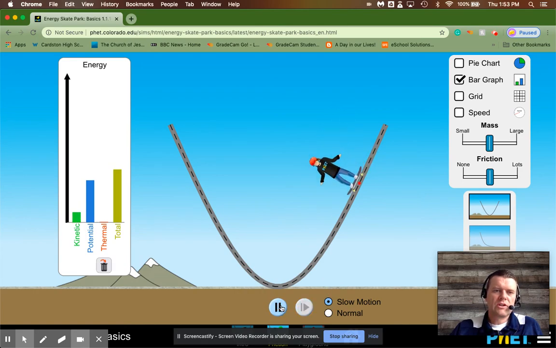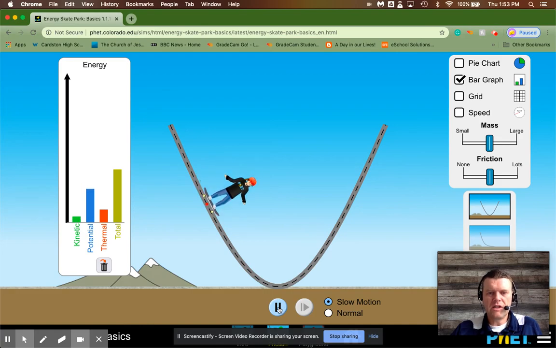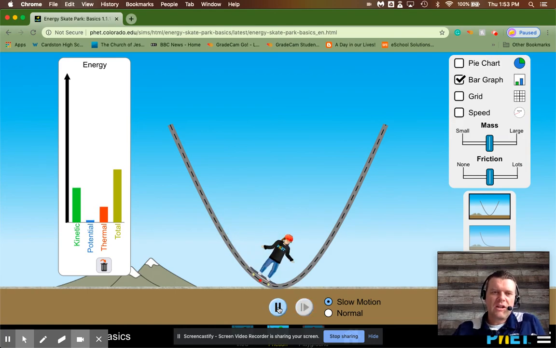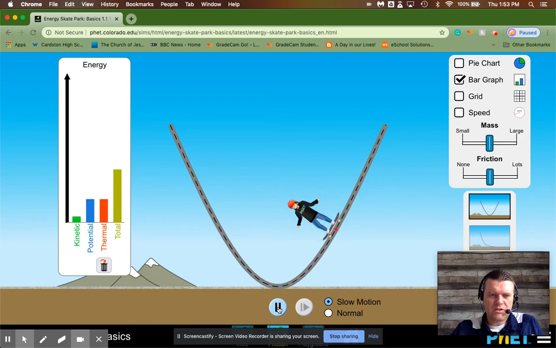If you watch at any point in her movement, obviously some of the energy is getting converted into heat and friction. But again, if I pause it right here, if you added up the red, the green, and the blue, guess what it would add up to? It would add up to the total. So the total amount stays the same. The total amount of energy in a system stays the same if it's an isolated system.